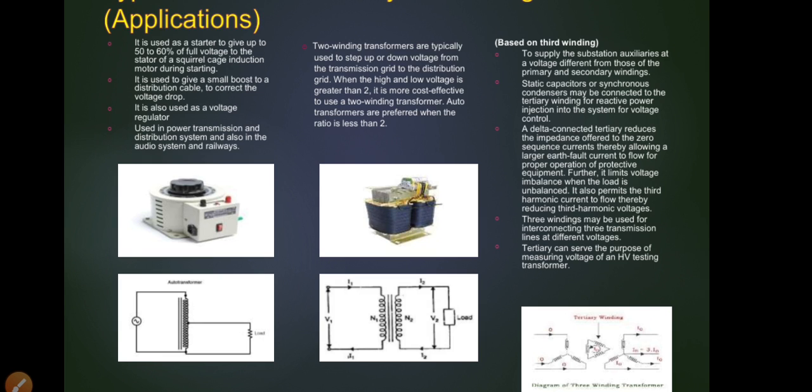These are the applications of the transformers: the auto transformer, the two winding transformer and the three winding transformer. The physical appearance of the auto transformer is like this, and this is the two winding transformer, and the equivalent circuits are also given here for the auto, two winding and three winding transformers.